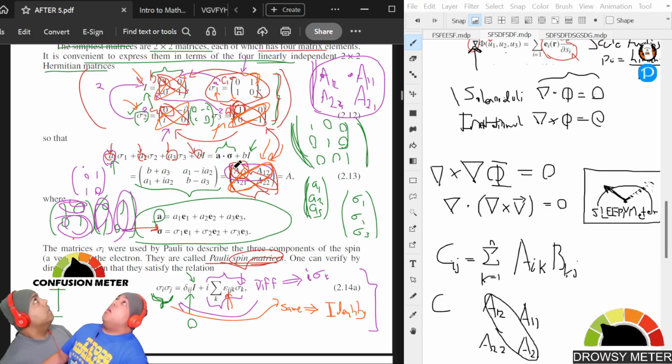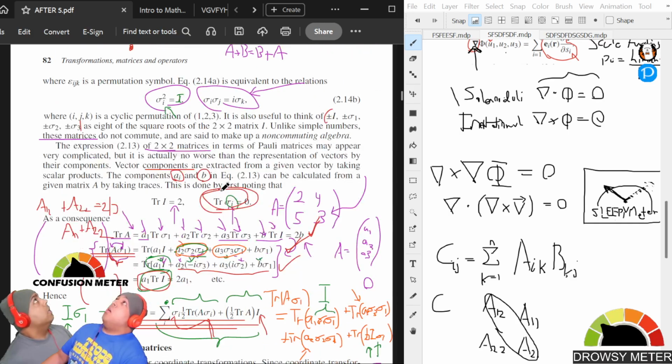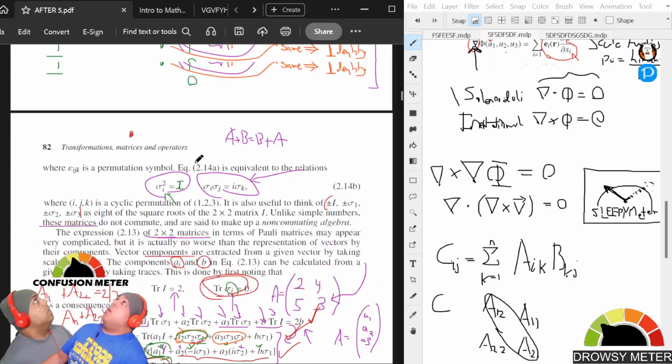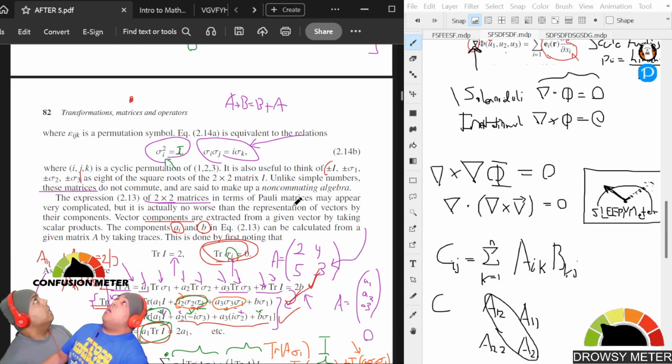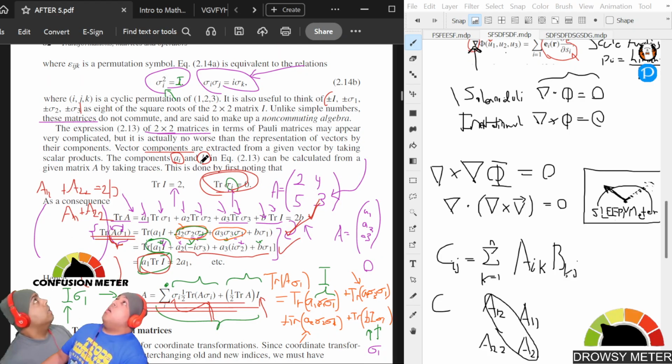Okay. A11. A11. Hmm. The components can be calculated from a given matrix A by taking traces. So we did that. We did that. Trace of this is this. Trace of this would be that.